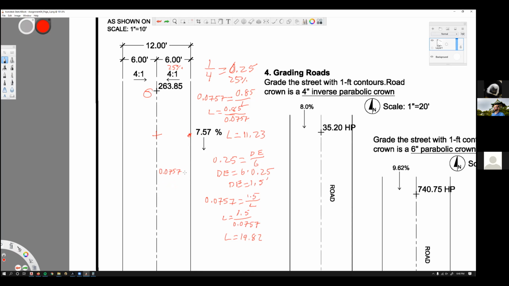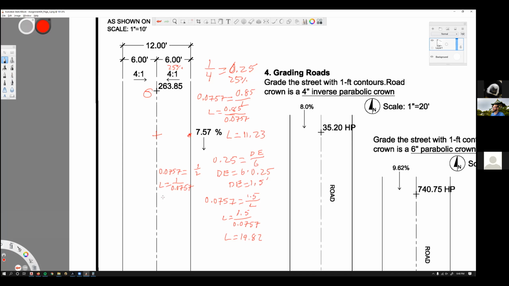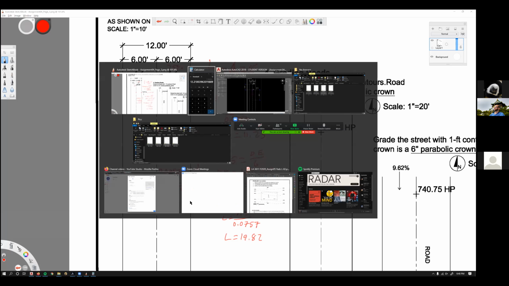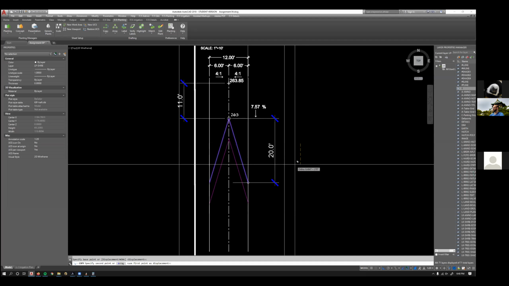So L equals 1 over the slope: 1 divided by 0.0757 is 13.21 feet. You can round that to 13, and you're just going to redraw this line every 13 feet.